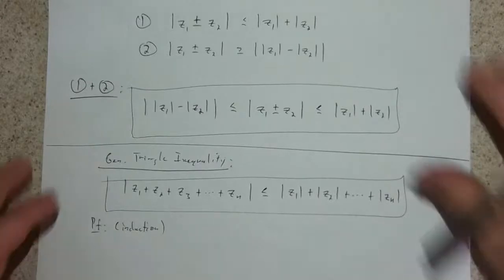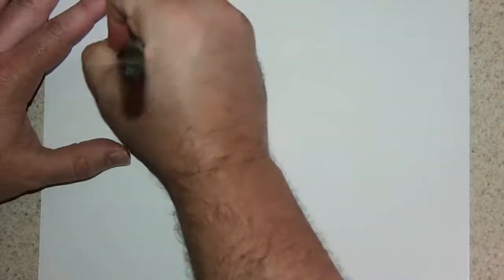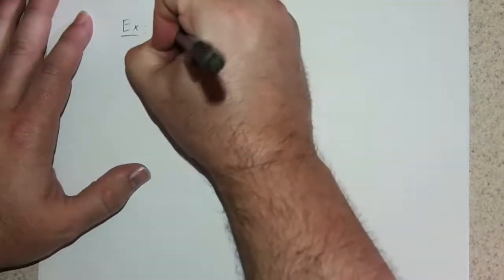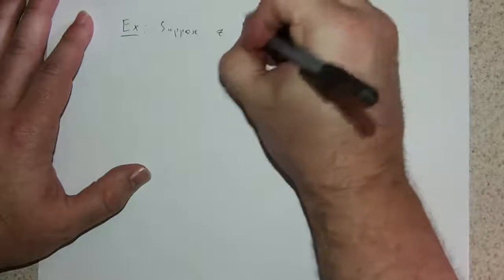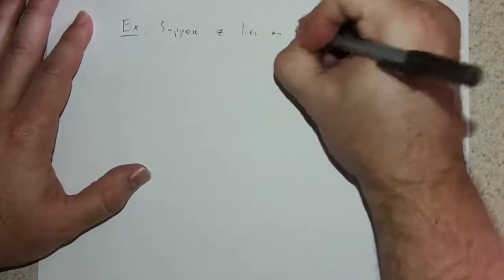Okay. Now let's do one quick example here of how we can use this to say something reasonable. So suppose z, which is a complex number, lies on the unit circle.